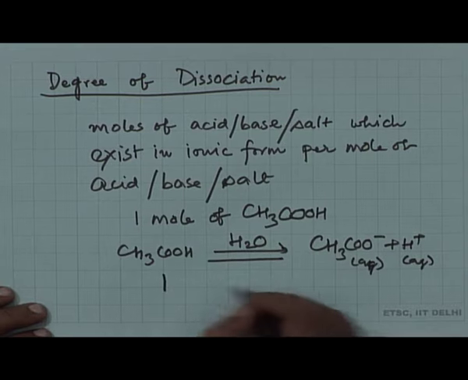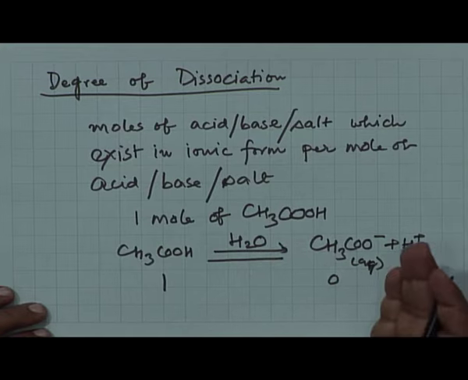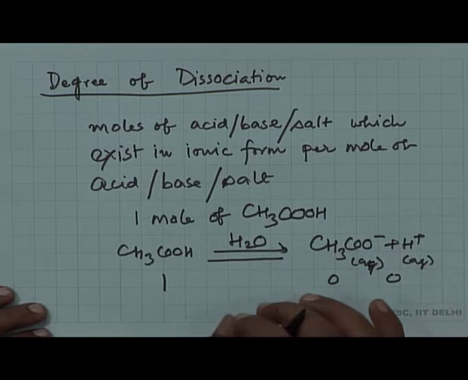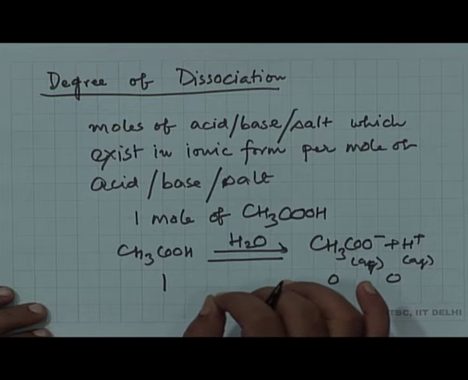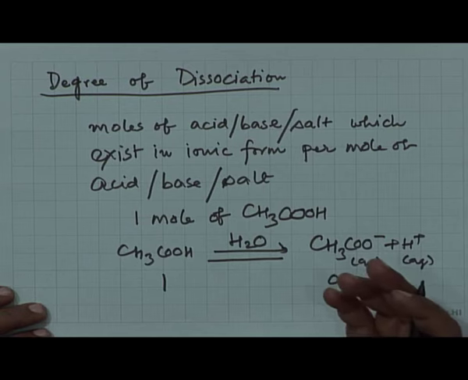So, I started with 1, 0, 0, and some of the moles will go into aqueous form. The amount in moles which goes into ionic form is called the degree of dissociation.